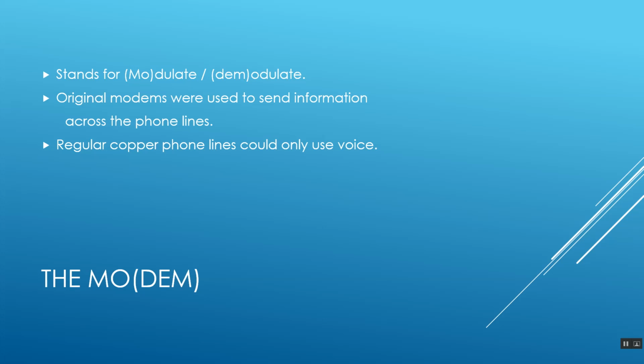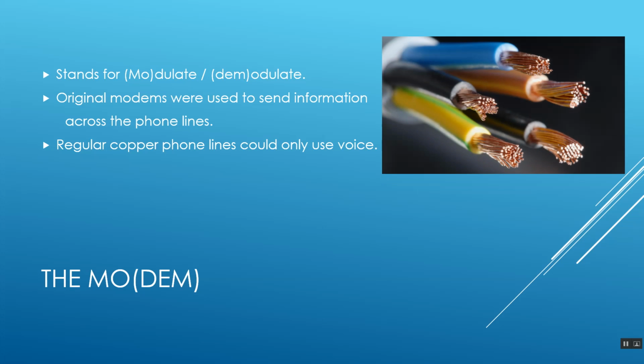Regular copper phone lines could only use voice, though, so that was a bit of an issue. The computer speaks in digital signals, not voice, like we're used to talking on the phone. But the phone lines themselves, being all copper and analog, could not carry all those digital signals. So we had to do something about that.